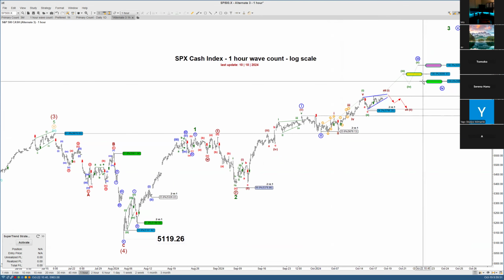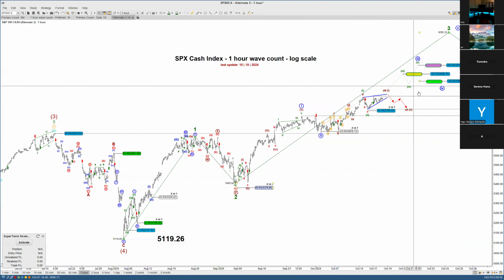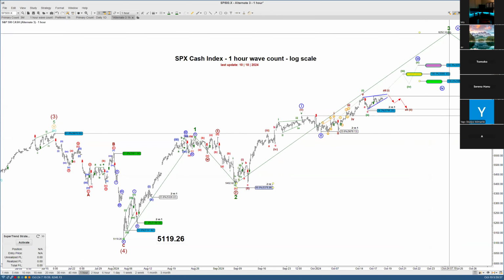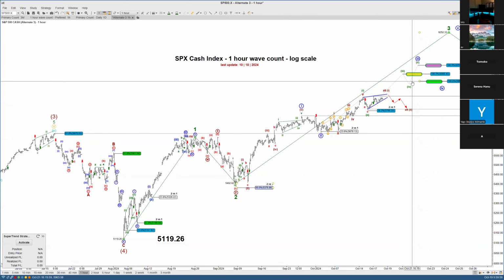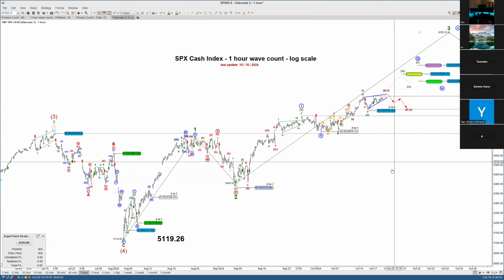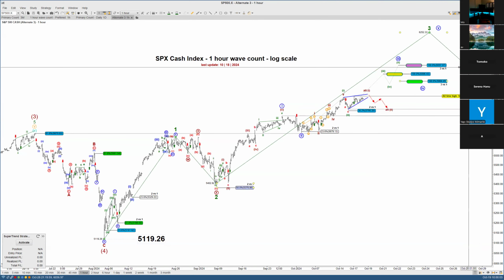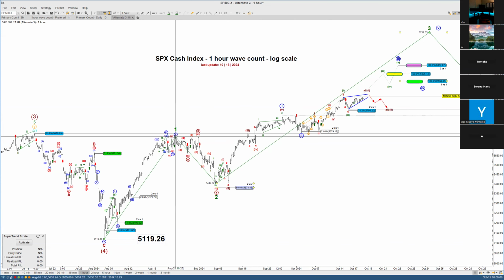If it's going to at least get here, and then we fail, then I can at least put the 3 here. And then from here, we're going to deal with this fourth wave. It has to stay above this high. You see how well defined Elliott wave is?